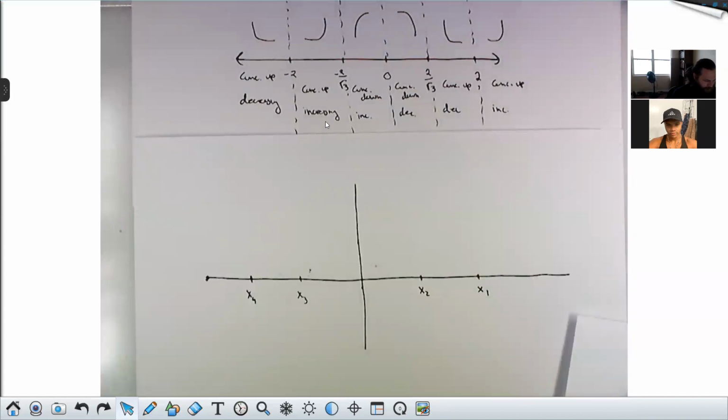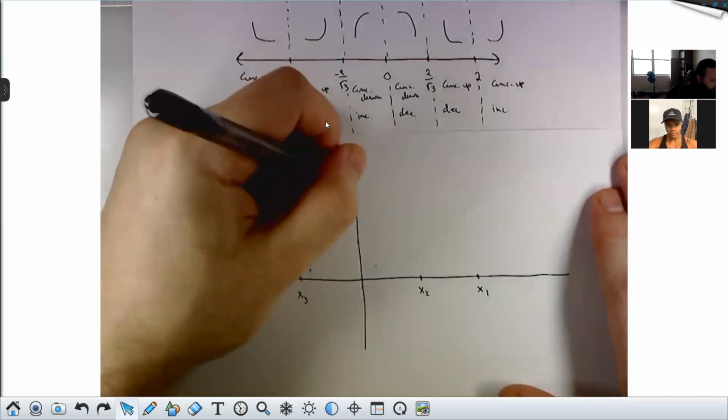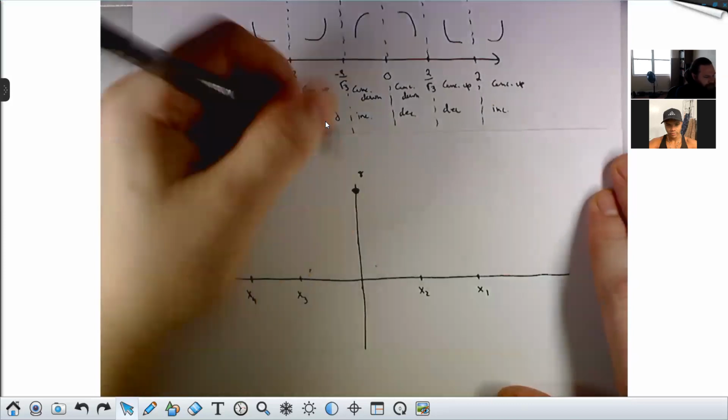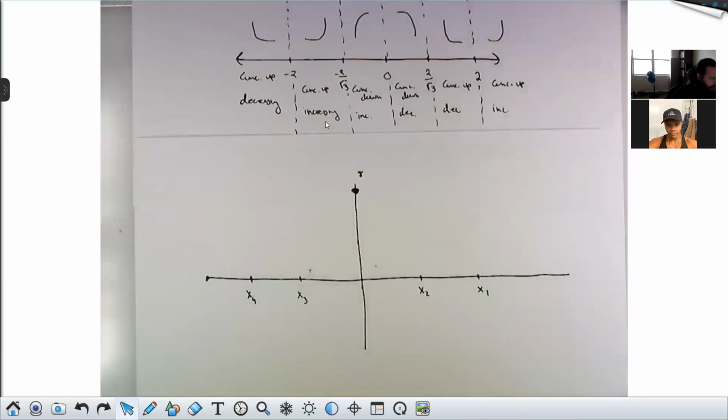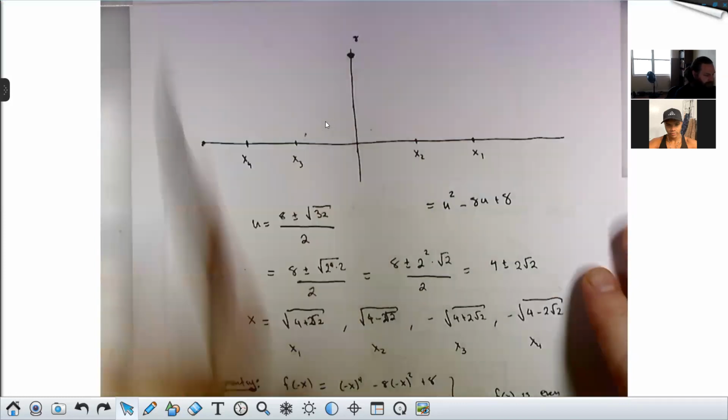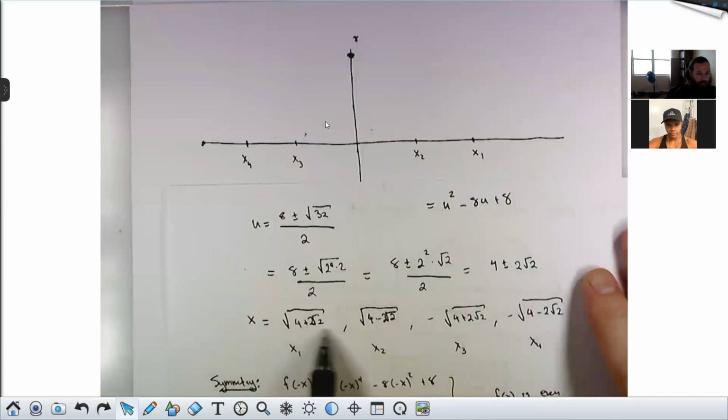The other things we have are -2, 0, and 2. Let me see, so our y-intercept was up here at 0, 8. And then I need to know about how big these numbers are. That's a little bit unfortunate. But this first guy, x1, is the square root of something a little bit bigger than 4.